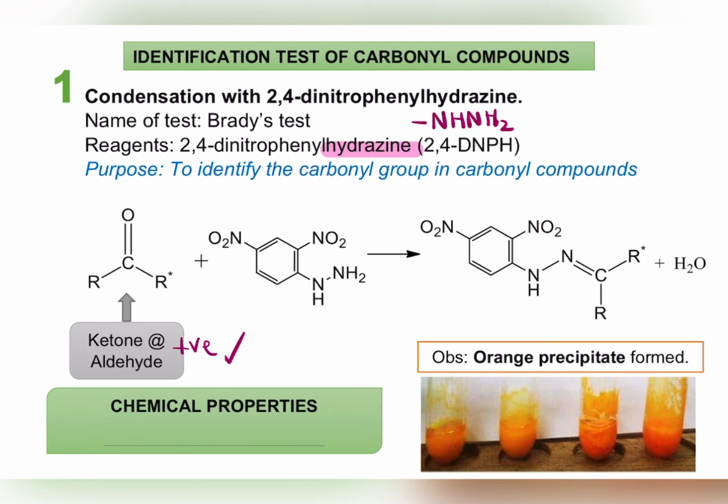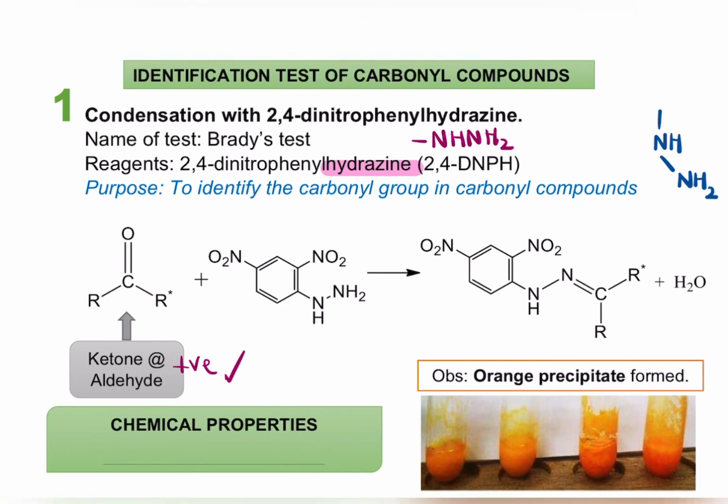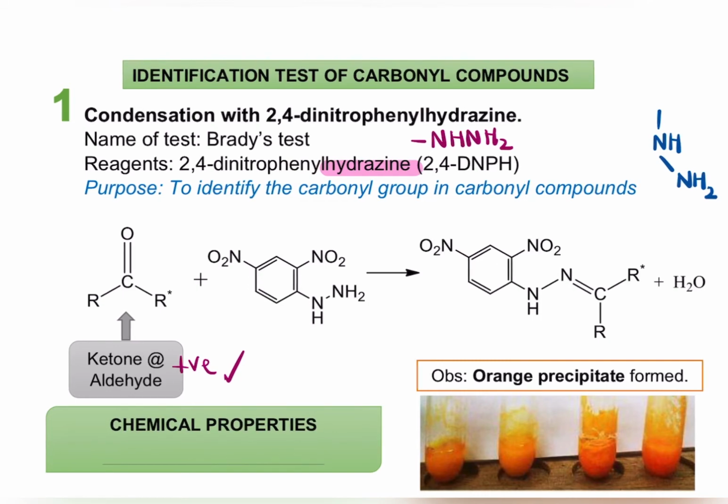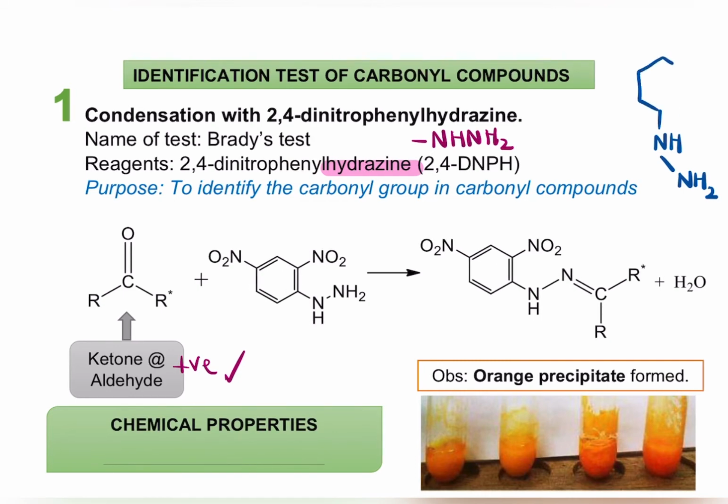So once you draw this one first, NH bonded to NH2, and this bond is going to attach to the next substituent, which is phenyl. Phenyl is a benzene ring. So I'm going to draw my benzene ring. Automatically this one is first carbon, second, third, and fourth.